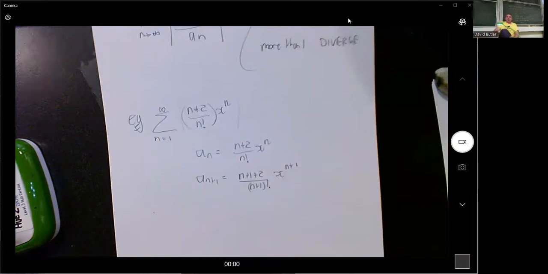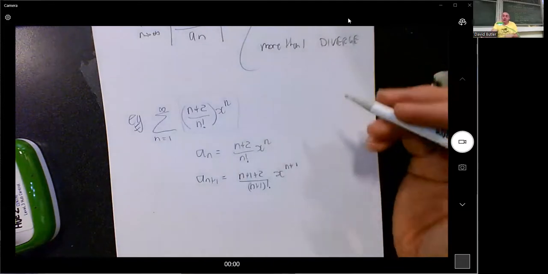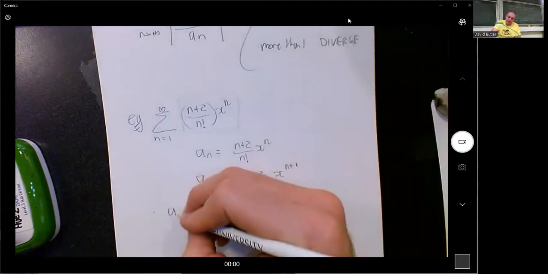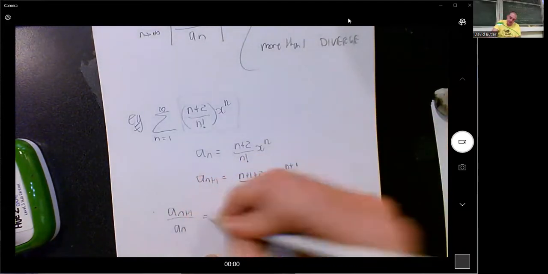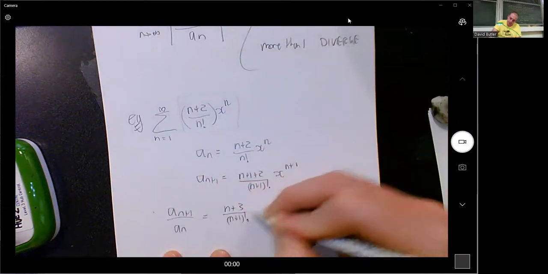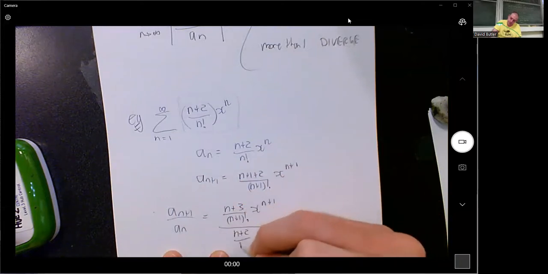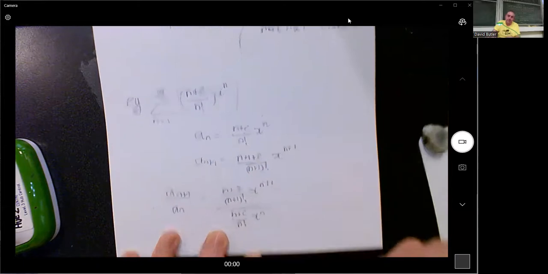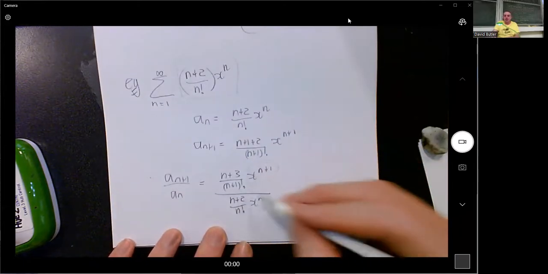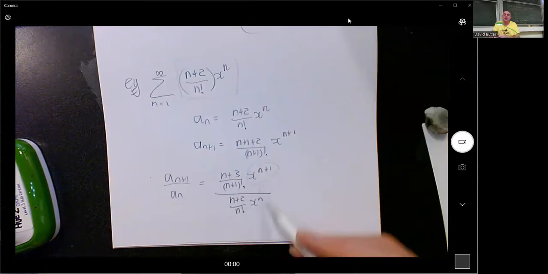When I divide them, this divided by this is just x, because you subtract the exponents.